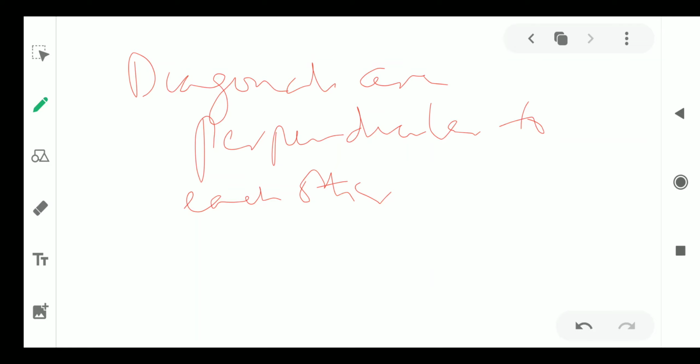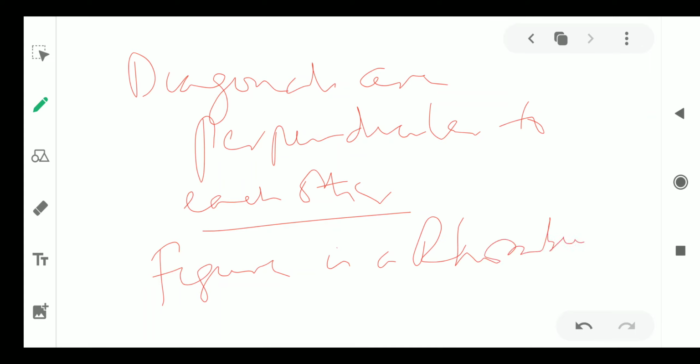They bisect each other perpendicularly, so the angle between them is 90 degrees. So this implies that this is a rhombus. The figure formed is a rhombus. Hope you understood. We'll stop here.